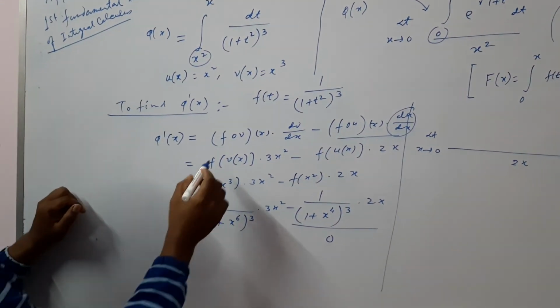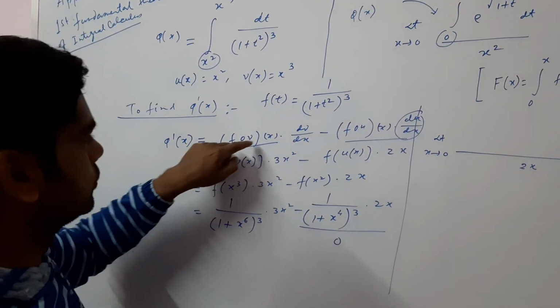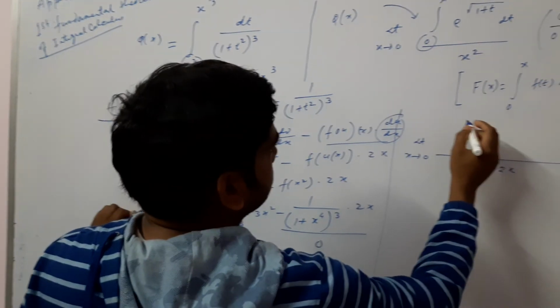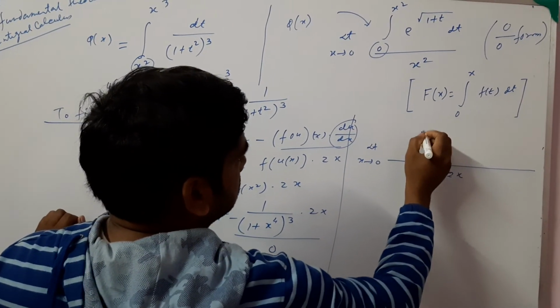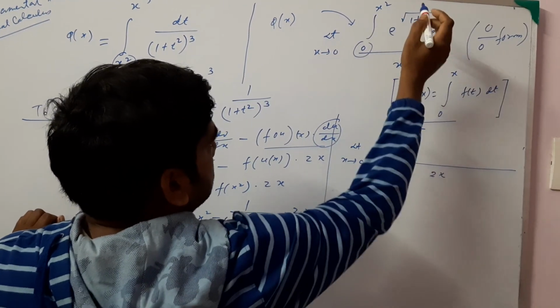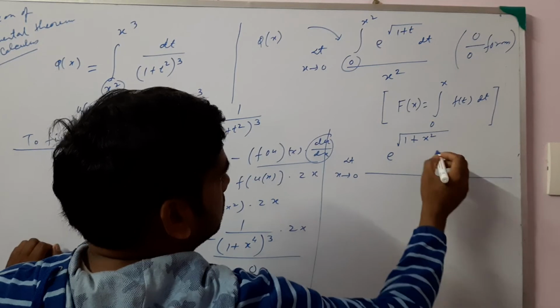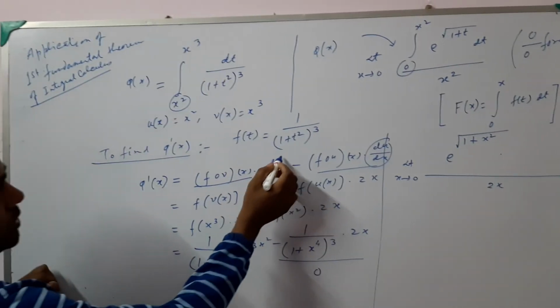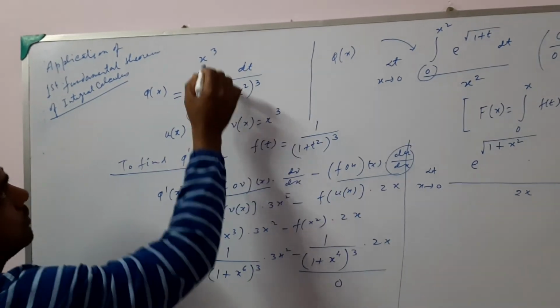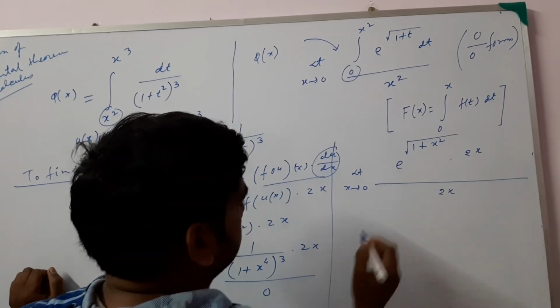So what we get is this one dot dv by dx, so f composition v of x will give e to the power root over 1 plus t square. So x square will replace t. So it will be x square times its derivative, the derivative of the upper limit x square, so it will be twice x.